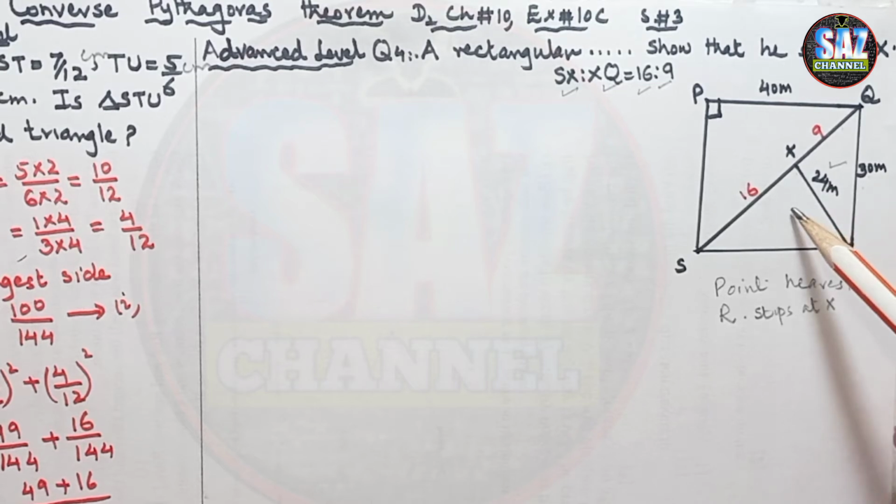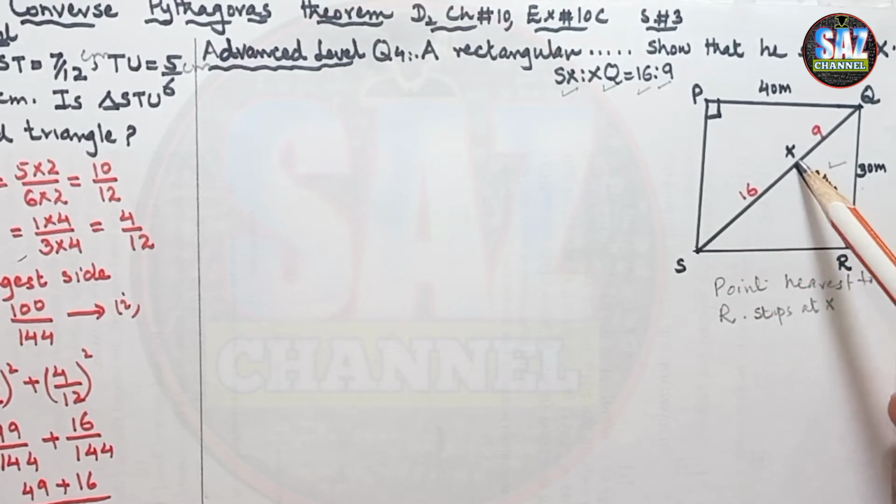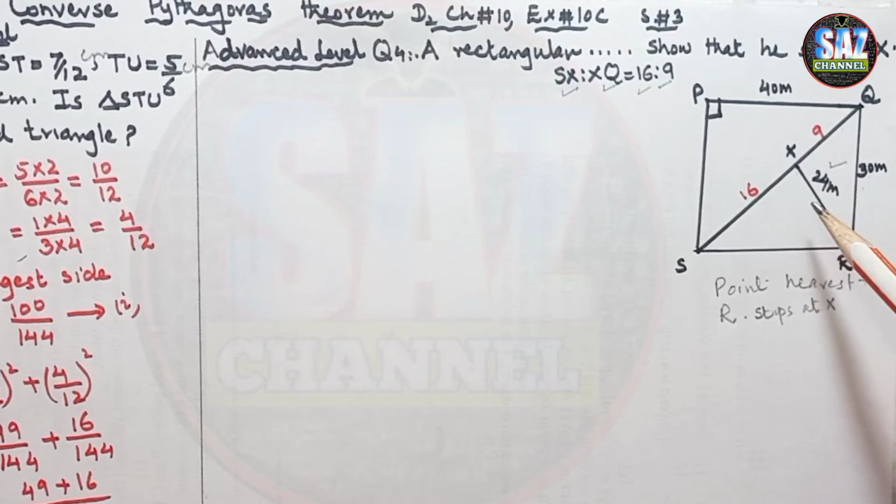The third thing we can understand is that triangles RXS and RXQ are right angle triangles.